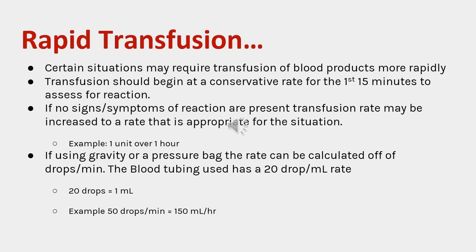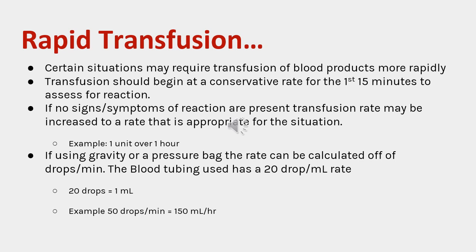If using gravity or a pressure bag to infuse a blood product, it is important to know that the infusion tubing that we use has a drop rate or a drip rate of 20 drops per mil. So 20 drops equals 1 mil.